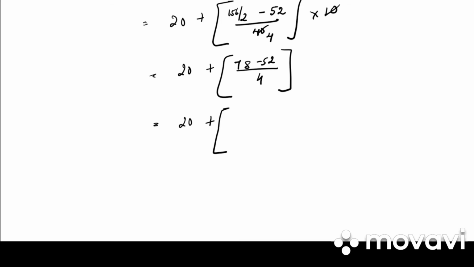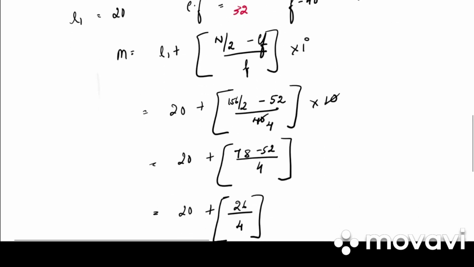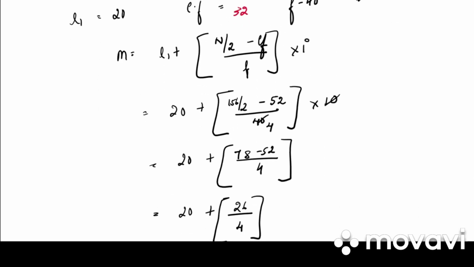So 20 plus 26 divided by 4. It is 20 plus 6.5. How much do we get? 26.5. Therefore, median is equal to 26.5. In unequal width, nothing will change. It will remain the same. And we would be taking the width only of the median class. Clear?